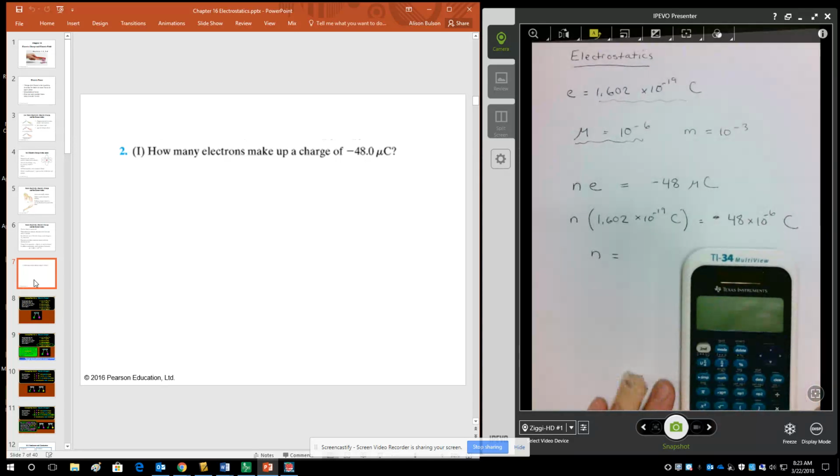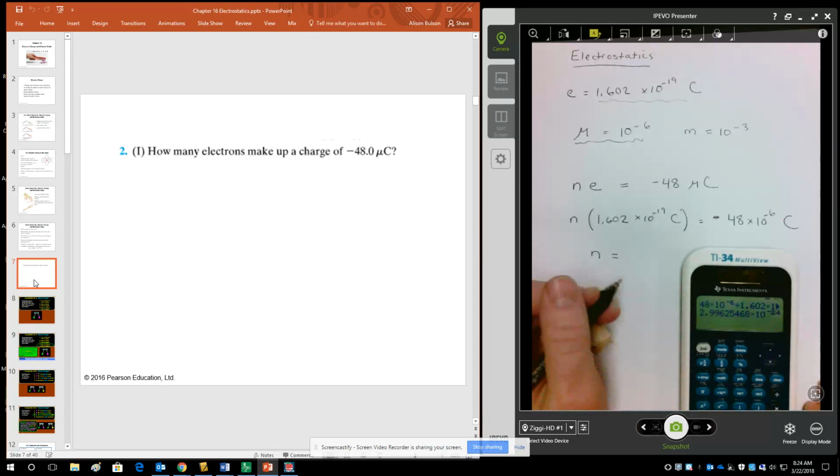Which hopefully you'll be able to see. So 48, I need my power of 10 button on this calculator, times 10 to the negative 6, quantity, divided by 1.602 times 10 to the negative 19th.